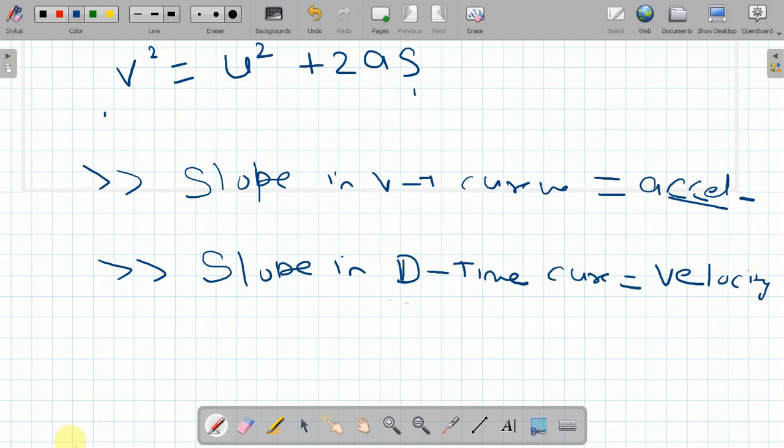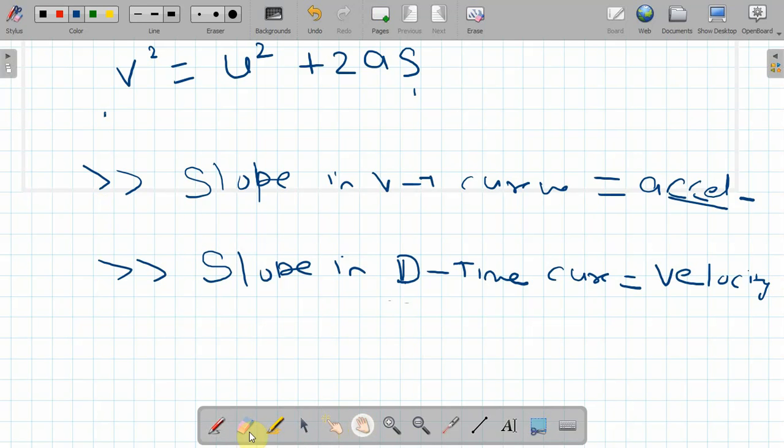So these two are the most fundamental concepts. You should always remember that the slope of the velocity time curve will always give acceleration, and the slope in the distance time curve will always give you velocity.